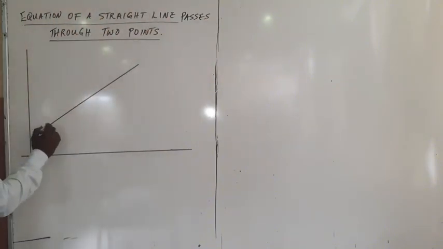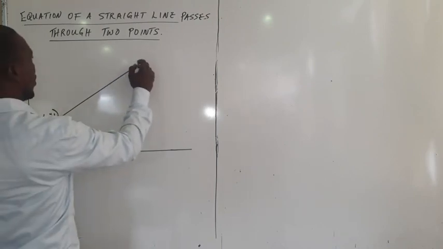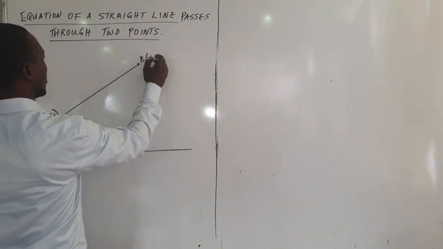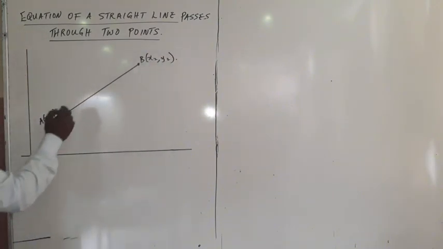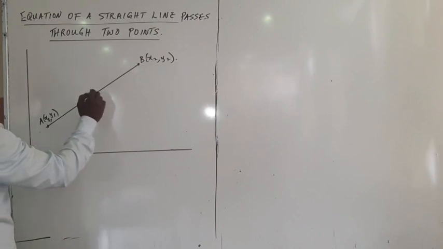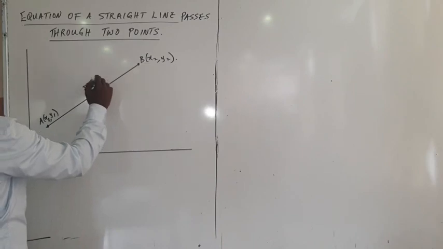So we have point A of coordinate x1, y1, and we have point B of coordinate x2, y2. Then we have an unknown variable P of coordinate x, y.